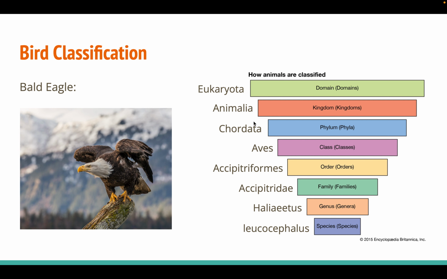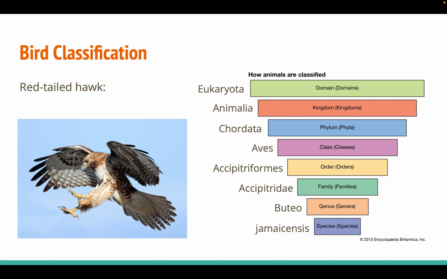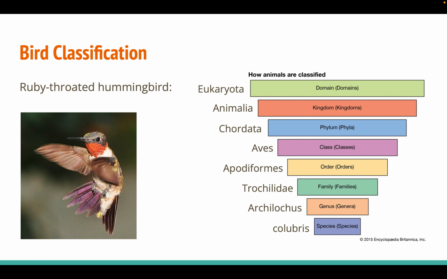You can contrast this with the red-tailed hawk, which is very similar all the way down to, it's exactly the same except for the genus and species name. So same order, same family, but the genus is Buteo and the species is Jamaicensis. But another bird that's much more different than these hawk birds is the ruby-throated hummingbird.